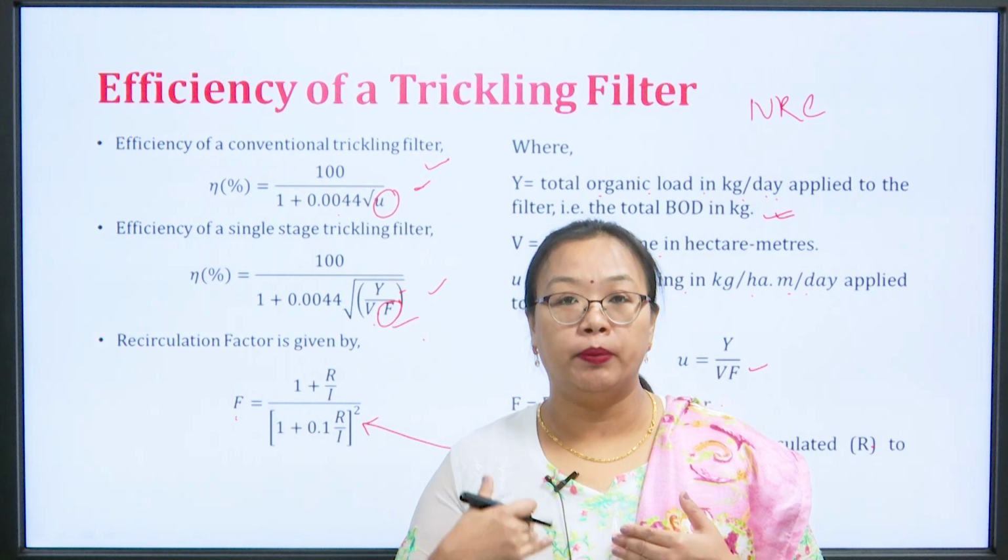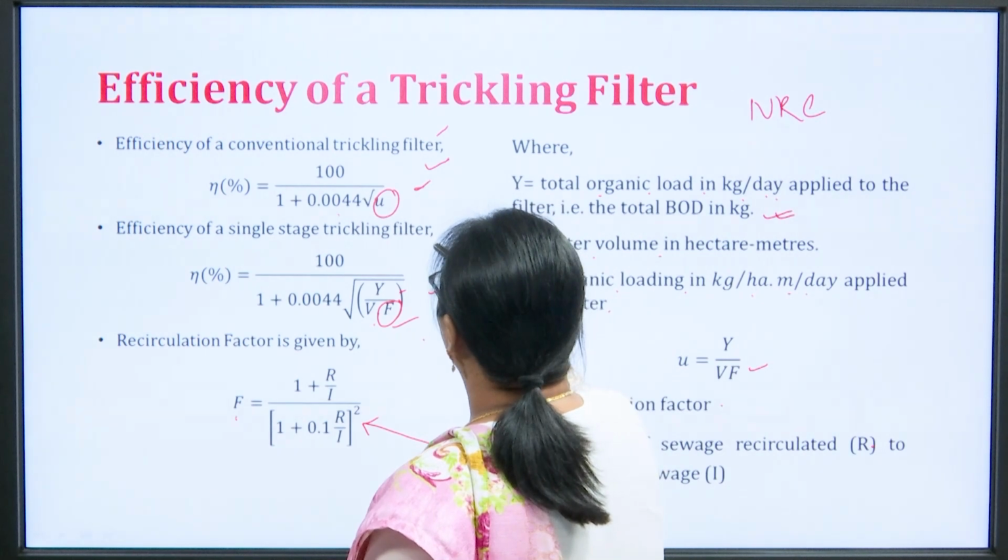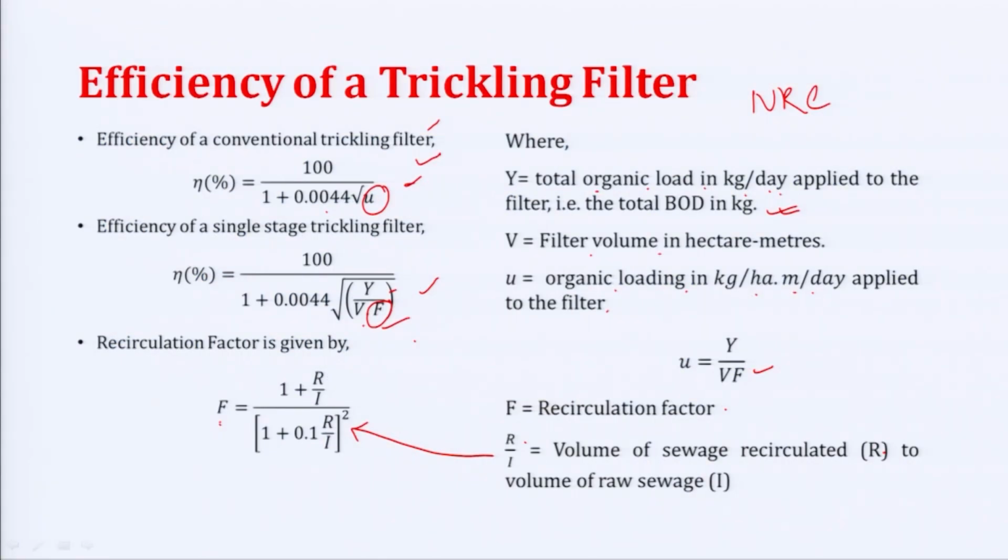Before I talk more, let me come back to what we talked about in my last lecture: the conventional or low rate trickling filter and the high rate trickling filter. The difference between them was the term recirculation. In a low rate trickling filter we have the primary sedimentation tank, then the trickling filter, and then the secondary sedimentation tank.